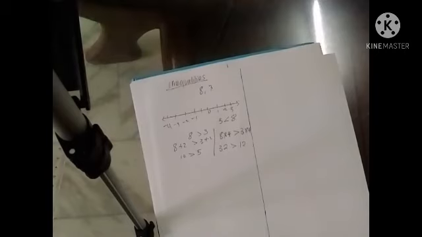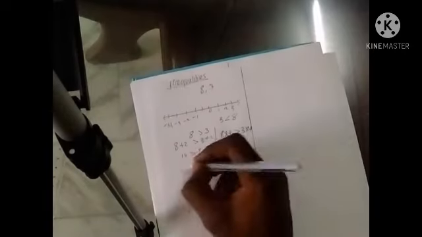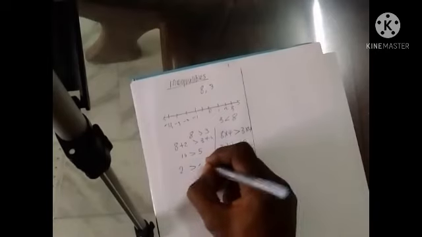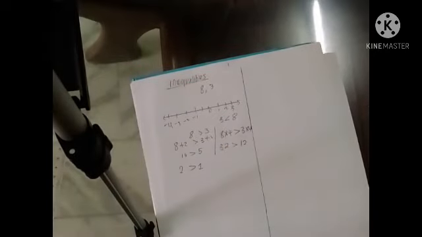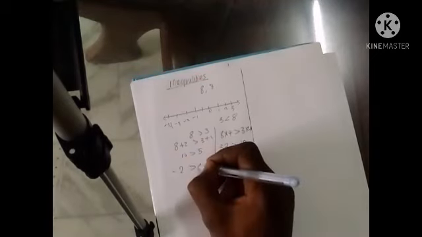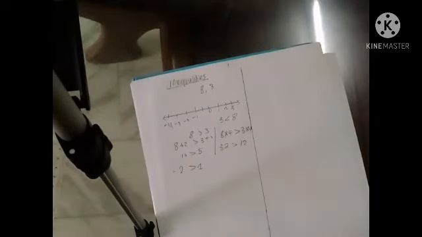Now, what about the other rules? What if you multiplied by a negative value, or divided by a negative value? See what's going to happen. Let's say we have 2 less than 1, and you multiply both sides by -1. Did you just see what happened? Here we have -2, and here we have -1.